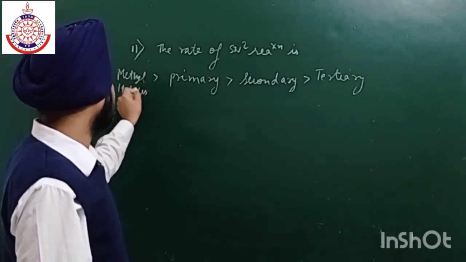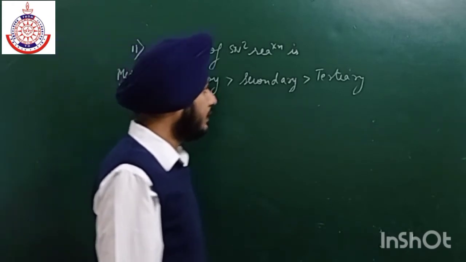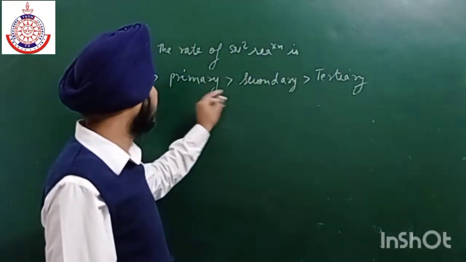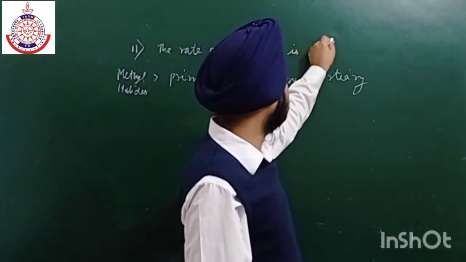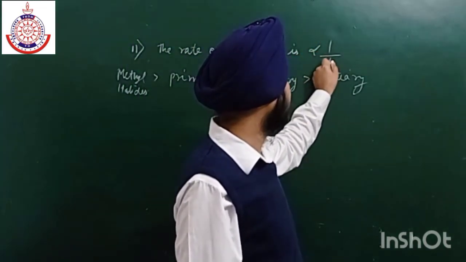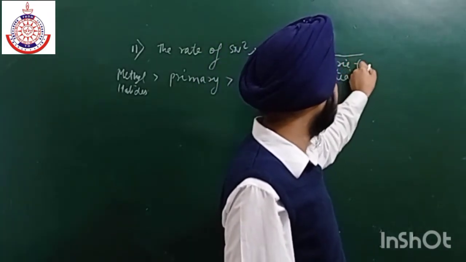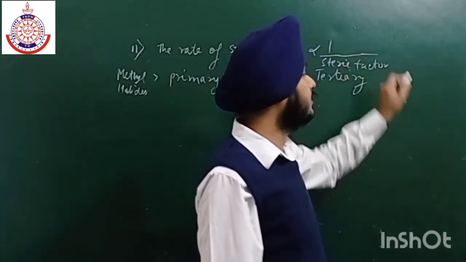As the steric hindrance increases, the rate of reaction decreases. So rate of reaction is inversely proportional to the steric repulsion or the degree. So you have to keep in your mind this point.